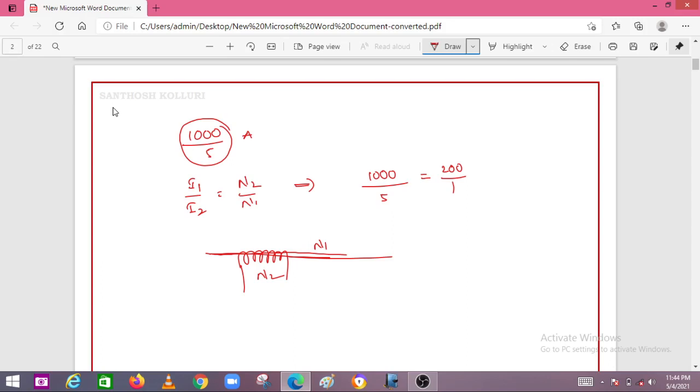To get 1000 by 5 amperes, your secondary side should have more turns compared to the primary. Generally the primary will be a single conductor or a bar primary. If you take 2 turns on the primary, then you want 400 turns on the secondary side.